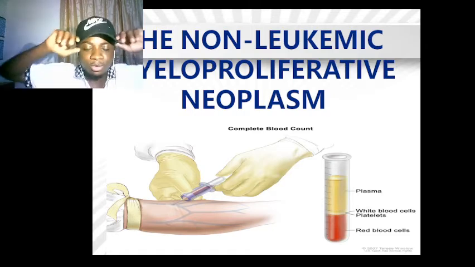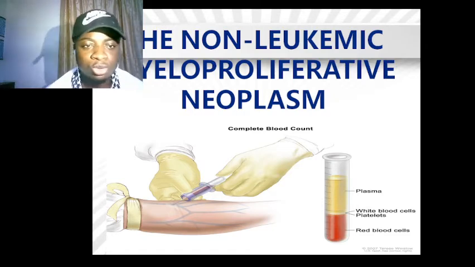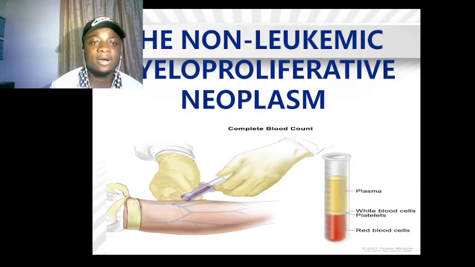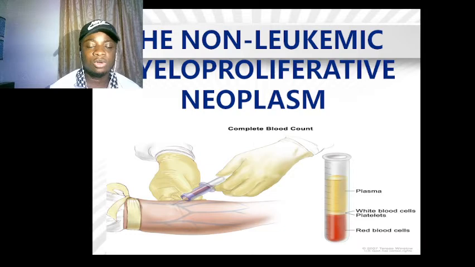So if you watch my videos on YouTube, you get to know that I've made videos for chronic leukemia and acute leukemia, and I want us to also look at the non-leukemic myeloproliferative neoplasm.